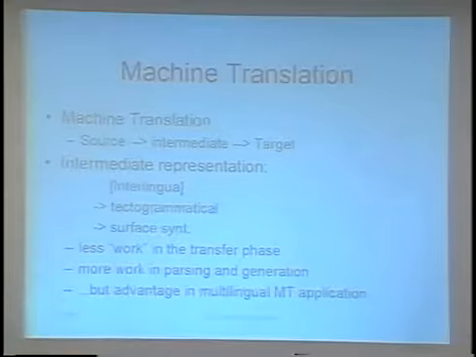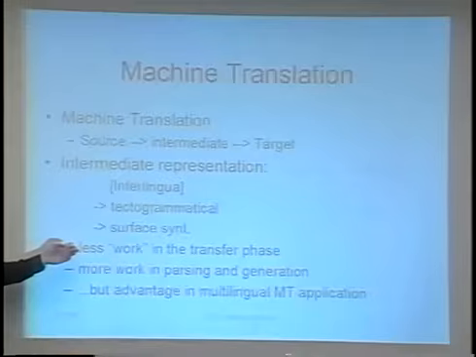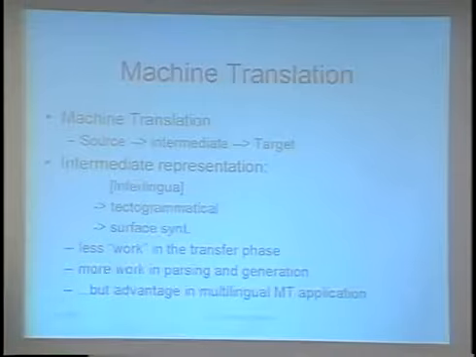And if we have a real common representation, then we have almost no work in the transfer phase if we do word senses right and everything. But of course, it's compensated by more work in the parsing phase and the generation phase.